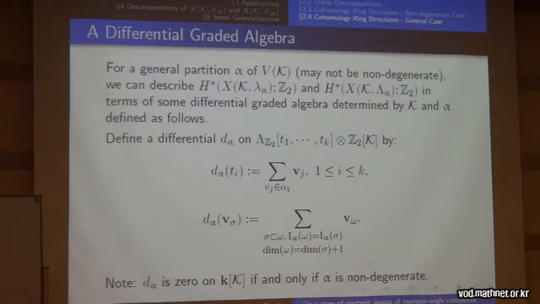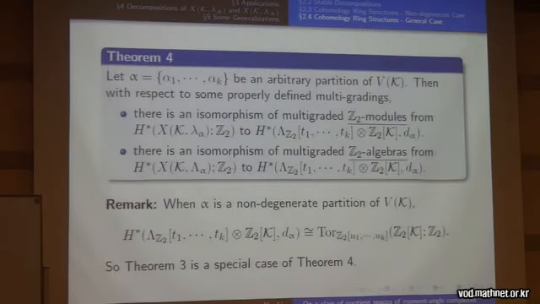But here, when the partition is general, it may not be non-degenerate, and then this kind of differential may occur. So in particular, d alpha is 0 on K on the face ring if and only if alpha is non-degenerate. Okay. So this is a theorem for the general partition.